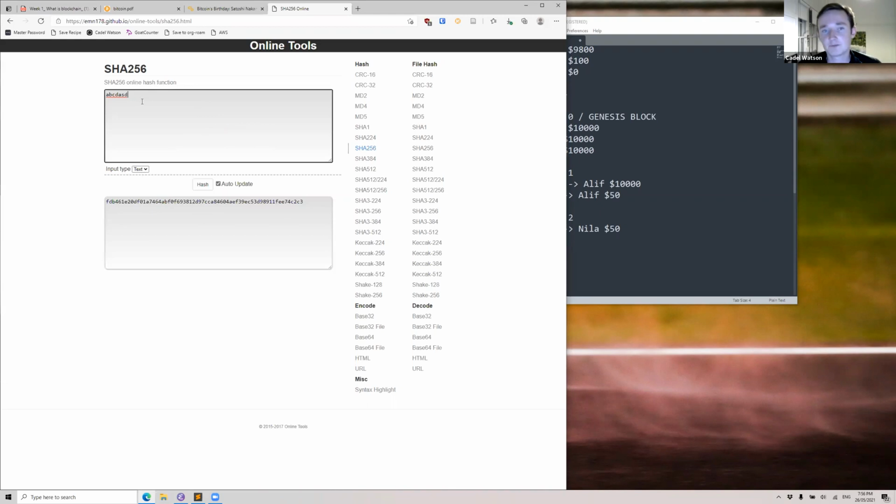The second property that makes this so interesting is that, with a few exceptions, any input will result in a different output hash. So even changing one letter will give me a wildly different hash. Theoretically, it is possible that two inputs would result in the same output hash.